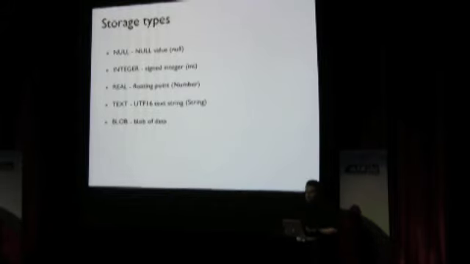And you've got real, which is a floating point number, and it corresponds to number. And text is interesting. That's a string, but it's UTF-16 encoded, so that's just something to know. And finally, blob, I particularly use for storing binary data, for example. You'll see that in one of the examples as well. So that's just a blob of data in your database.